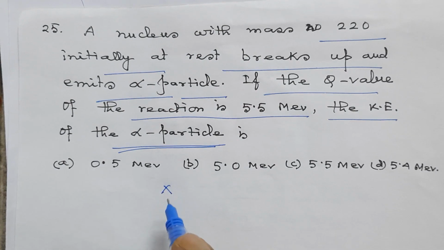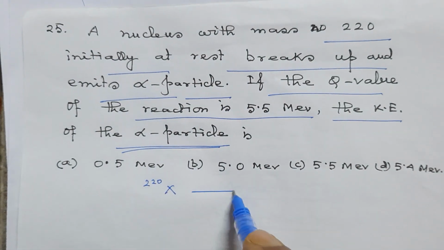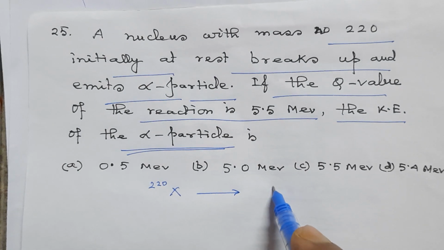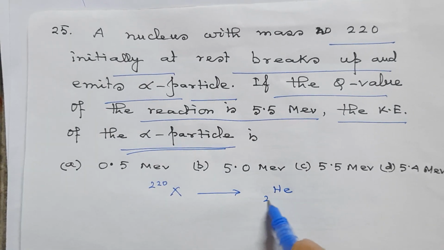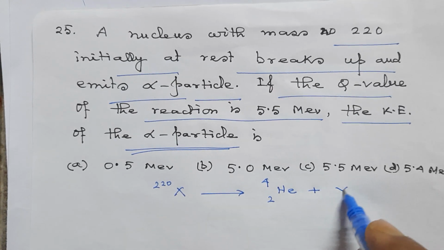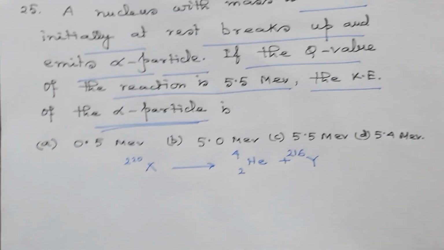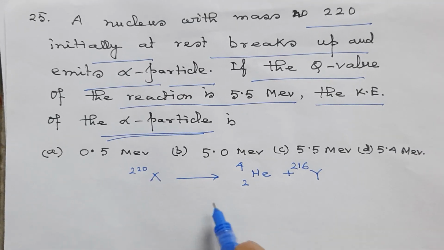The corresponding decay is that a nucleus of mass 220 gives you an alpha particle, that is the nucleus of the helium atom, plus the rest nucleus having mass 216 units.